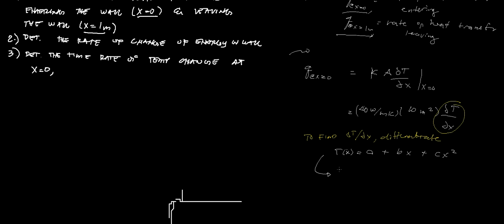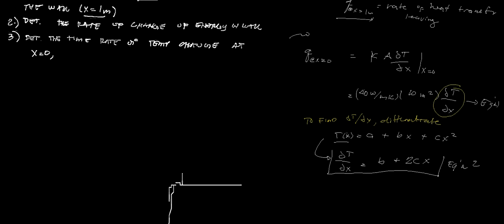Okay, when we differentiate it, we can now have dT over dx is equal to the derivative of the constant, which is 0, the derivative of bx is just b, plus the derivative of this term is 2cx, right? So we can now have this new equation. So say this is our equation 2 and this is our equation 1.